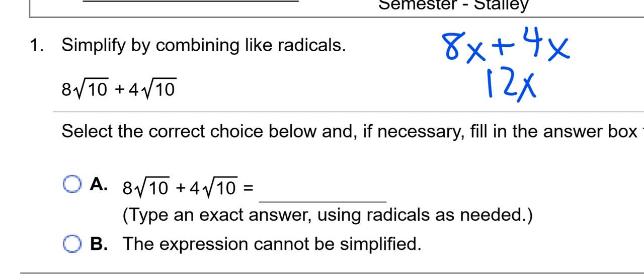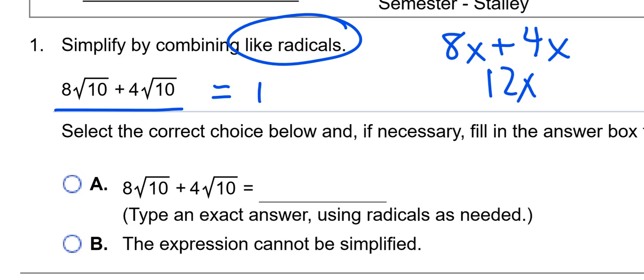These are called like radicals. So if you have 8 radical 10 plus 4 radical 10, how many radical 10s do you have? 12. The only way that is not the right answer is if there's a perfect square trapped inside the radical.